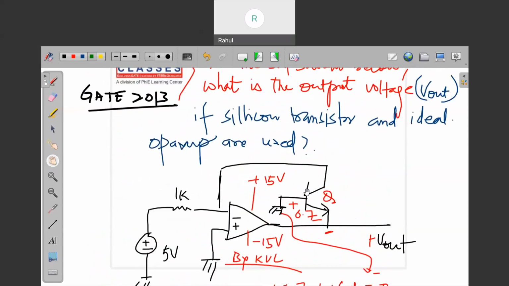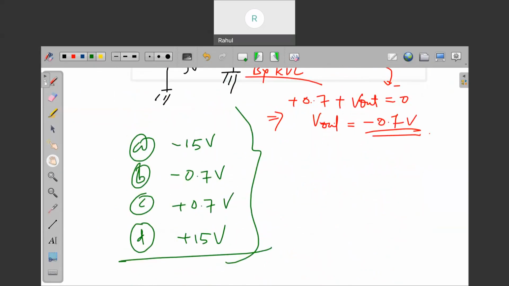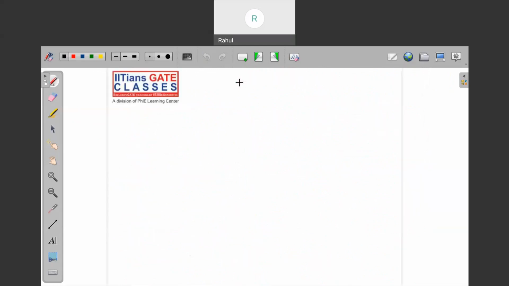And if the transistor is not on, then the greater the potential at the inverting terminal, the answer will be the negative supply. I hope this is clear for everyone. So the answer for this question will be option B. Very good problem, which was asked in GATE 2013.